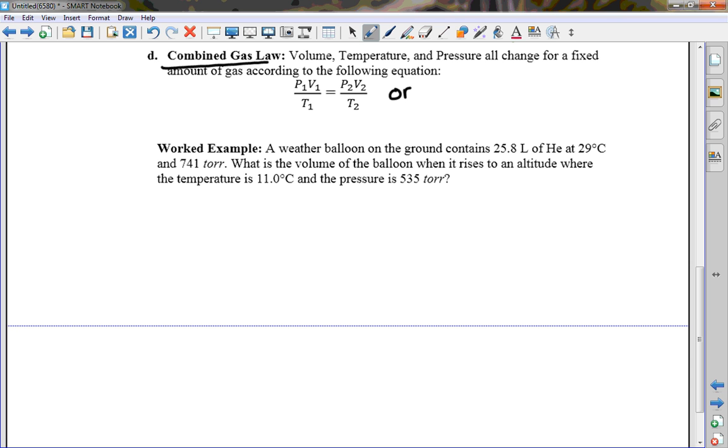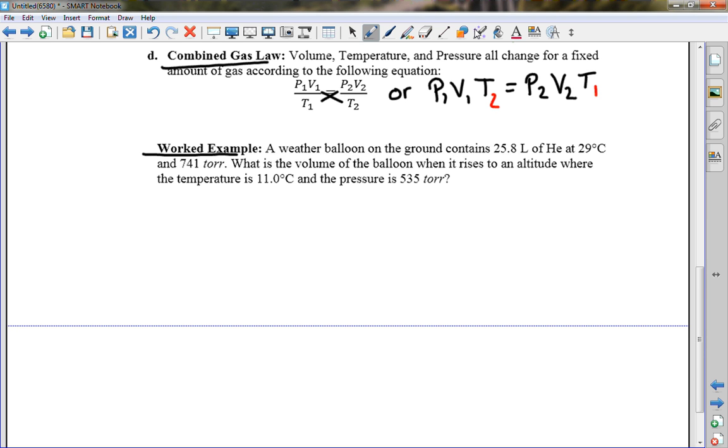If you cross multiply, you could say P1 times V1 times T2 would be equal to P2 times V2 times T1. If that helps you, then by all means do whatever helps you to solve the problem you need to solve. So let's look at this example here.